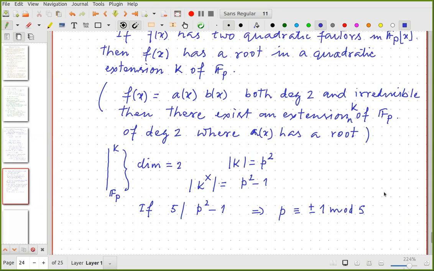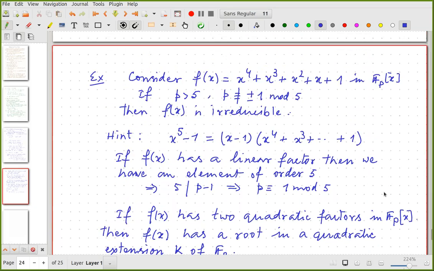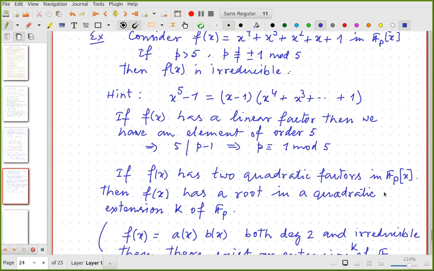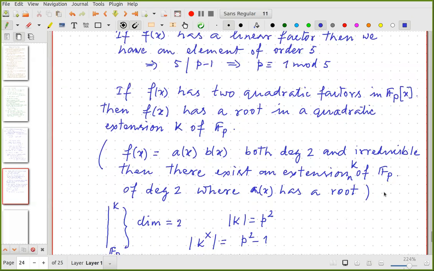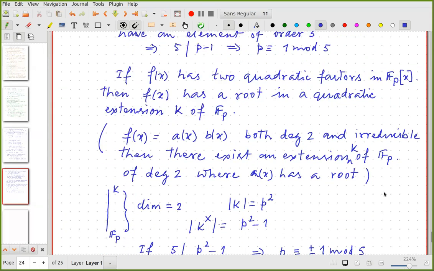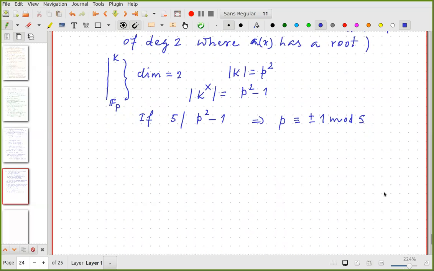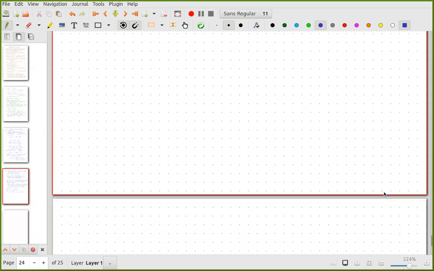And by excluding these possibilities, we say that this polynomial is irreducible. So this is an extension of the same argument. I just tried to show that it works for polynomials of higher degree also, of course, in certain nice situations.